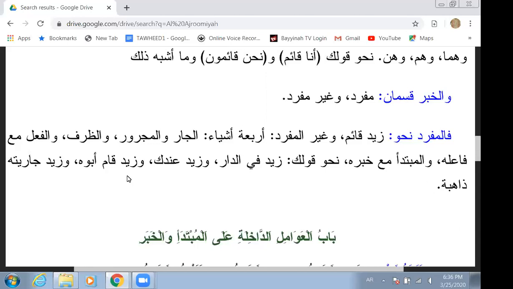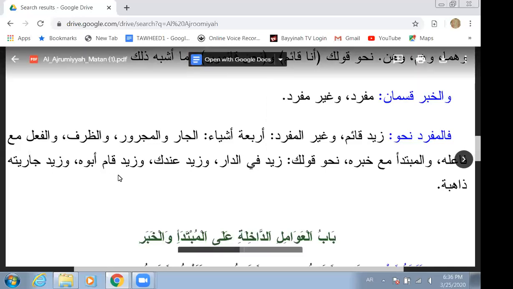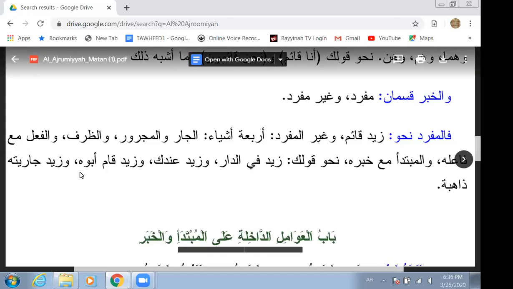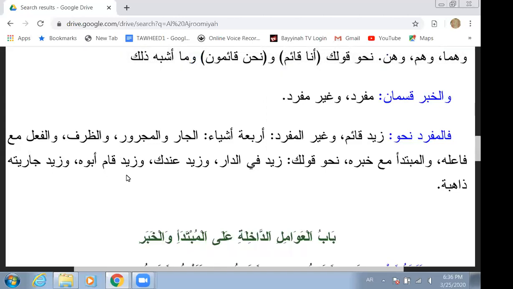And the third is Zaidun qama abuhu. Zaidun is the mubtada. Qama abuhu, Zaid, his father was standing. The whole of it is a jumla fi'liya, and that becomes the khabar for the mubtada. And the last example is وزيد جاريته ذاهبة.